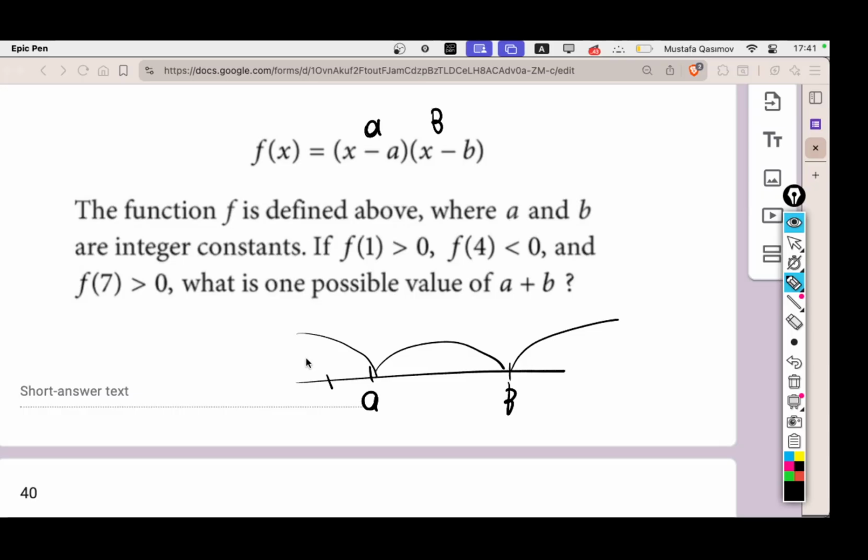Okay, Mariam, what's your opinion? Is it correct? From here, can we write like that? Yes. Actually, no, it is not. It doesn't show the whole situation.